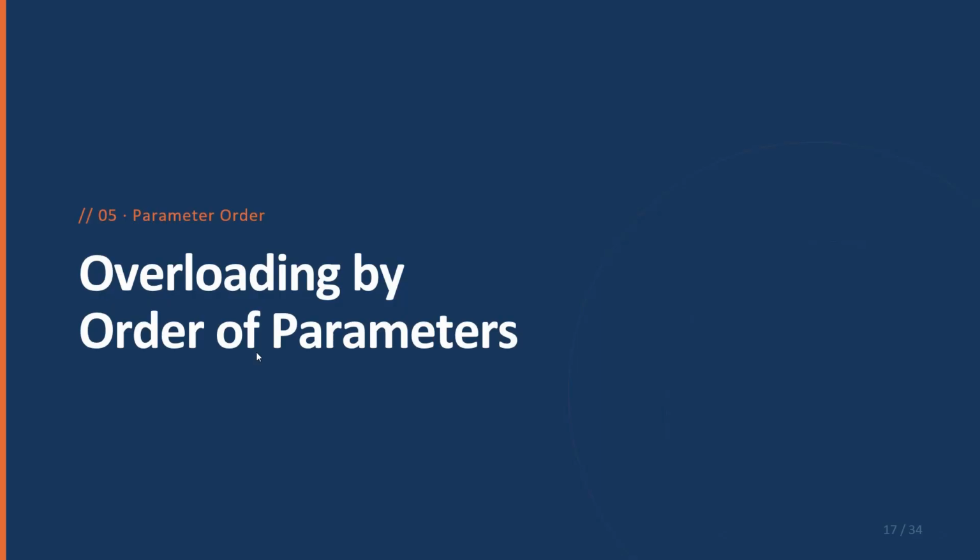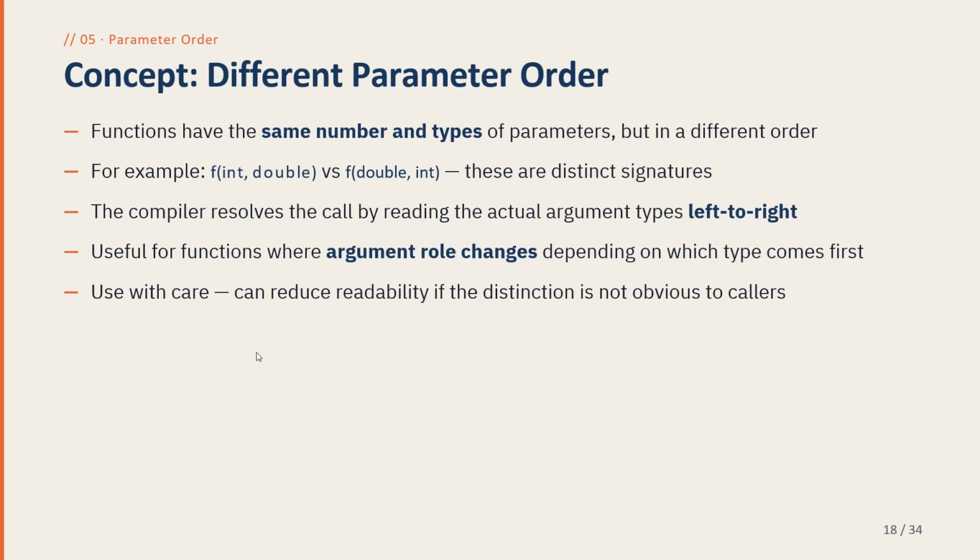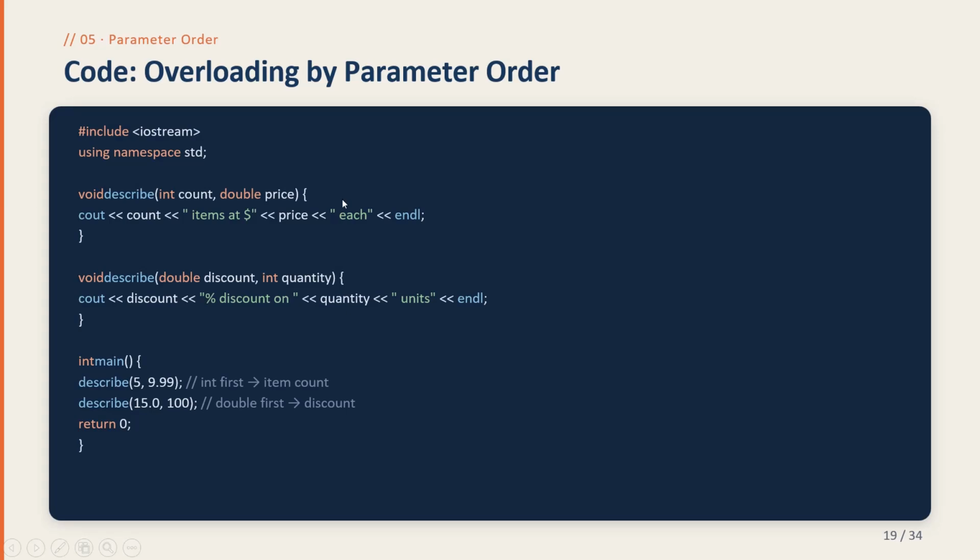So next, coming to overloading by order of parameters. This is the third type. In this case, we have an example program here. The function is describe. Here describe holds two parameters. One is an integer value and the second one is a double. The next describe function similarly holds two parameters. One is a double, the second one is an integer value. Now describe(5, 9.99). It means the first parameter is an integer and the second one is a double.